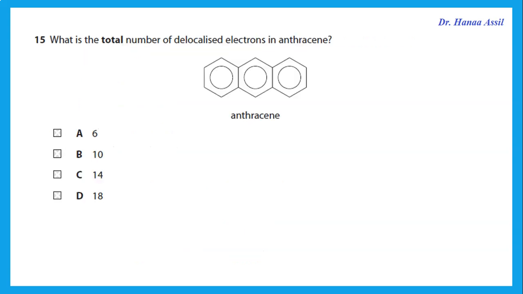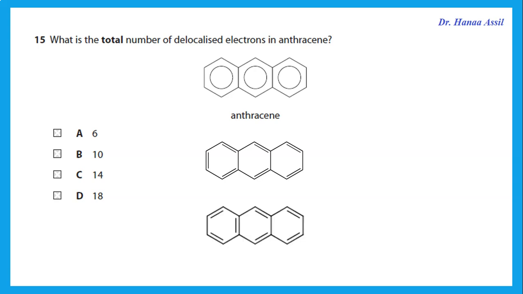Okay, question 15 says, what is the total number of delocalized electrons in anthracene? What is anthracene? It's actually 3 benzene rings together. So if you're going to draw it in the form of double bonds, we can either draw it like this or like this. And we're asked what is the total number of delocalized electrons.